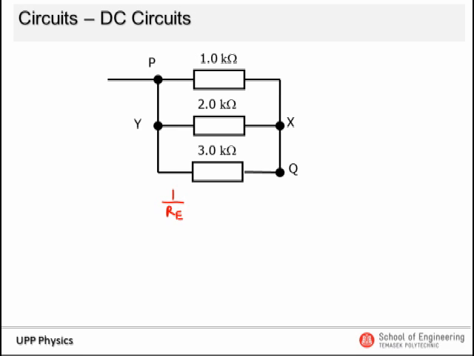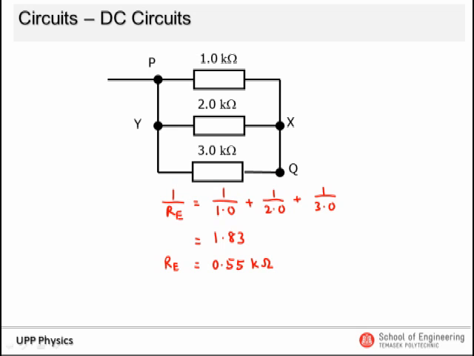And 1 over R_E is equal to 1 over 1.0 kilo ohm plus 1 over 2.0 kilo ohms plus 1 over 3.0 kilo ohms. The sum of these three reciprocal values will give us 1.83. Thus, solving for the equivalent resistance for these three resistors in parallel between points P and Q, we will have 0.55 kilo ohm.